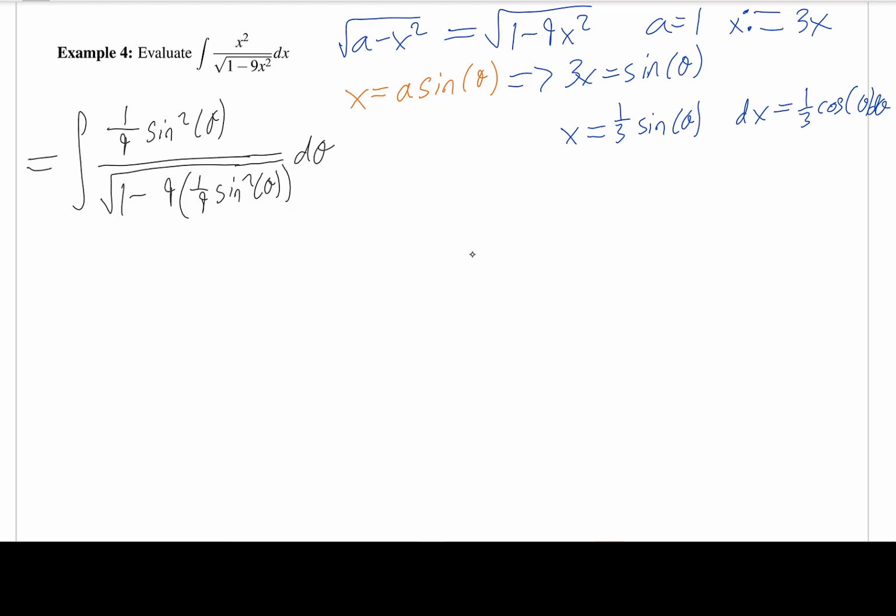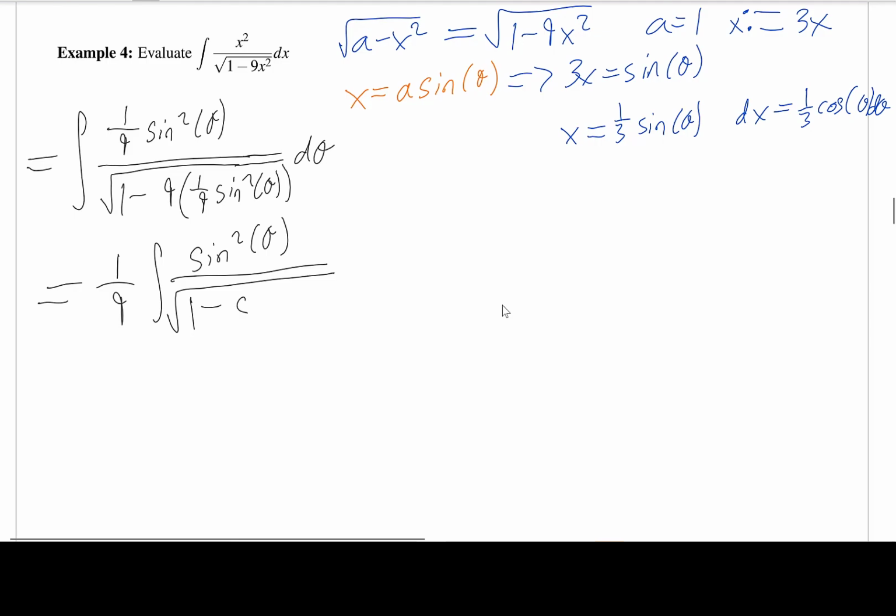Okay, and then from here, I'm going to pull this 1/9 that's up top out of our integral. So I'll have sine squared theta on top. Then on bottom, I'll have the square root of 1 minus this 9 times 1/9 will cancel with each other. So I should have the square root of 1 minus sine squared theta d theta.